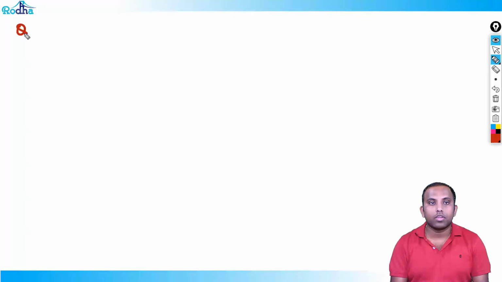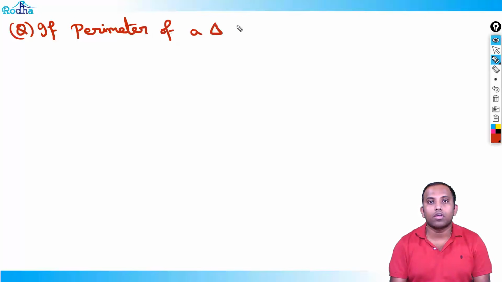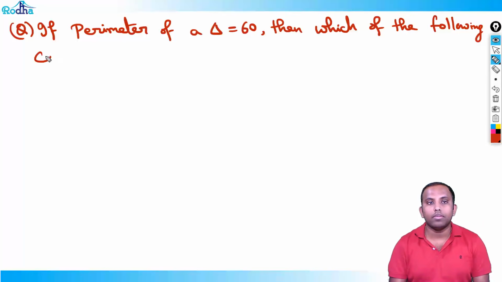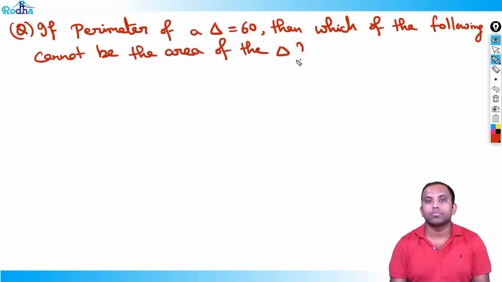Question: if the perimeter of a triangle is equal to 60, then which of the following cannot be the area of the triangle, right?